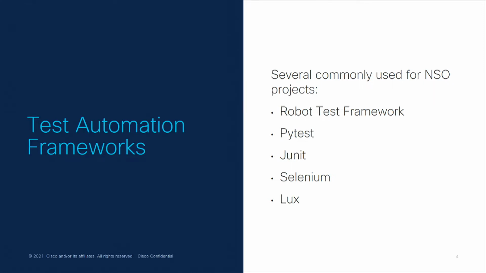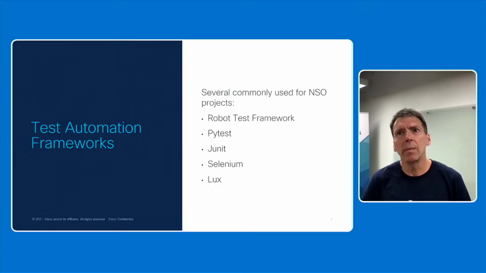It has a lot of value in terms of the higher level presentation of what they call keywords, and then a core of Python, which is really good. PyTest, of course, and JUnit are very common out there. Selenium is a way that people automate their UIs, and that works with either Robot or JUnit and certainly others. And then, of course, Lux. We've all used Lux for NSO projects.